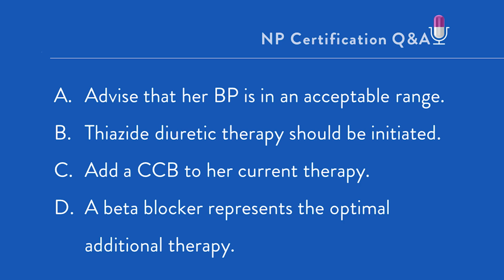Option B, thiazide diuretic therapy should be initiated. Well, the thiazide diuretics are a wonderful, wonderful class of meds for the treatment of high blood pressure, and are also often our first-line meds or our add-on med to a person who's being treated for high blood pressure when hypertensive control has not been achieved with a single drug. Keep in mind, this is a woman with functional urinary incontinence.